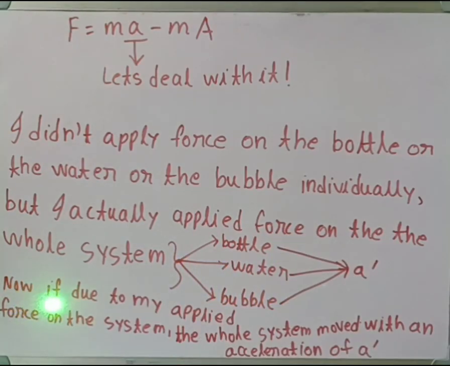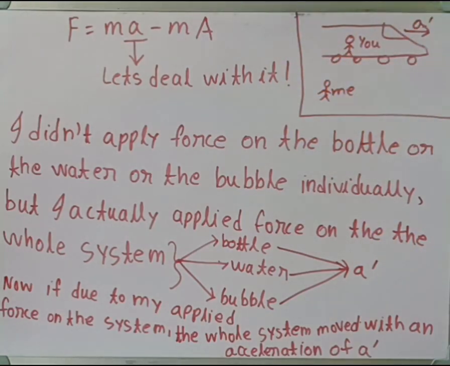If due to my applied force the whole system moved with an acceleration, suppose a dash, then all those three, the bottle, the water and the bubble, will move simultaneously with an acceleration of a dash.